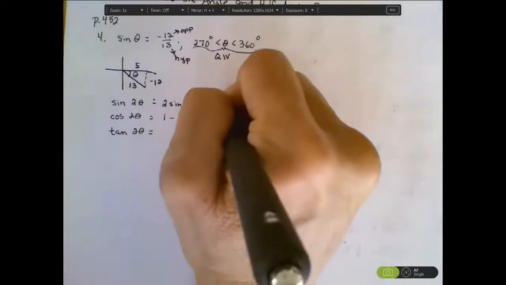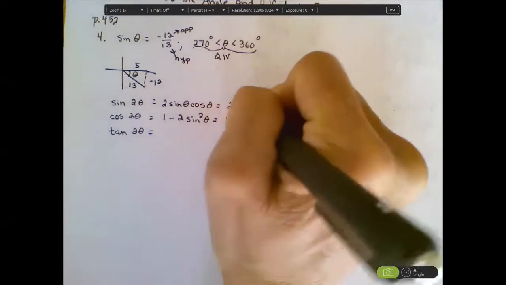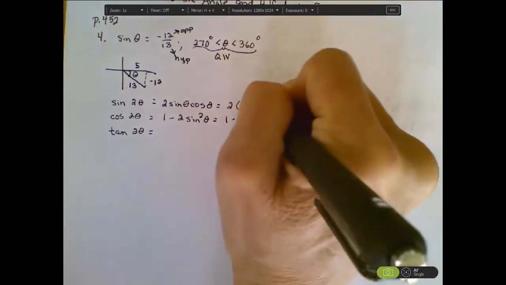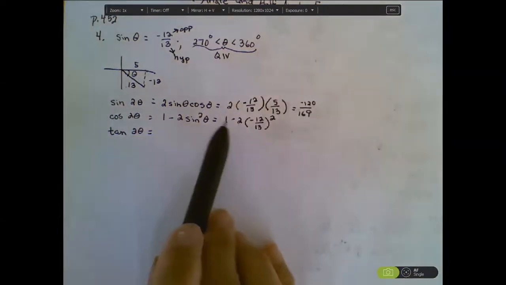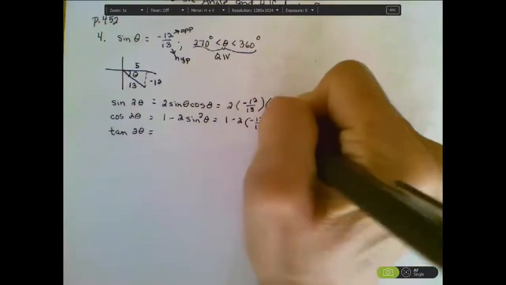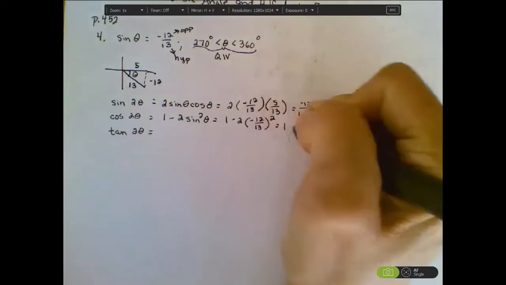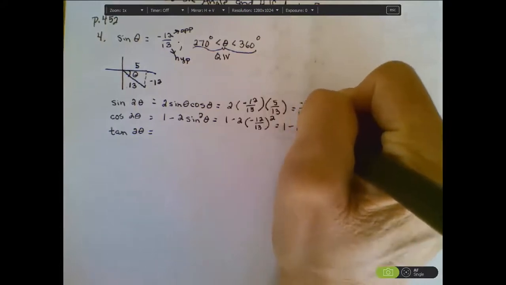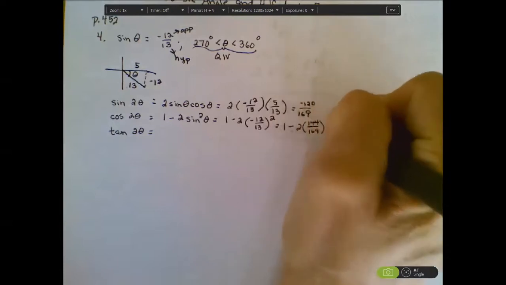And we know that sine is -12/13, and that's supposed to be squared. 2 sine squared theta would be 1 minus 2 times 144/169.